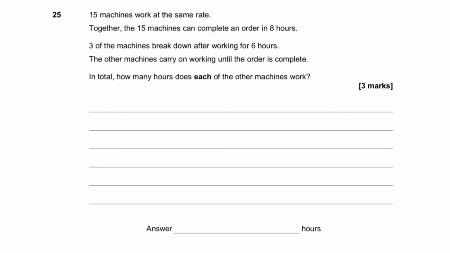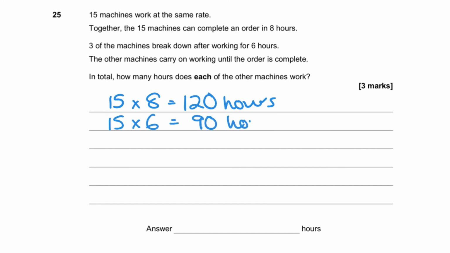So to complete the order, it's going to take 15 machines, 8 hours, so that's going to mean 120 hours of work. So at 6 hours, when the 3 machines break, we've had 15 machines do 6 hours work, which equals 90 hours that have been done. So there's still 30 hours left to do, but only 12 machines to do it now.